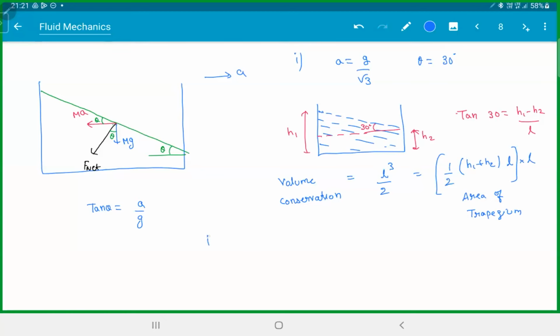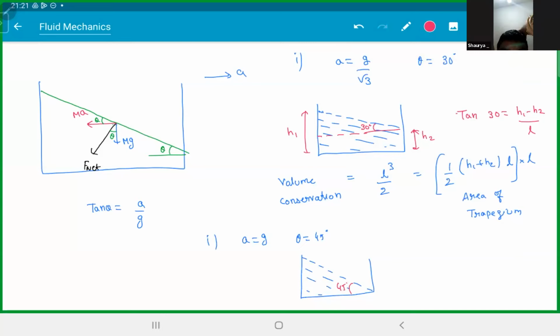How will a equal to g look? 45 degrees. So this will look exactly like this, and h2 will be 0. How will a equal to g root 3 look? I'll give you a minute.